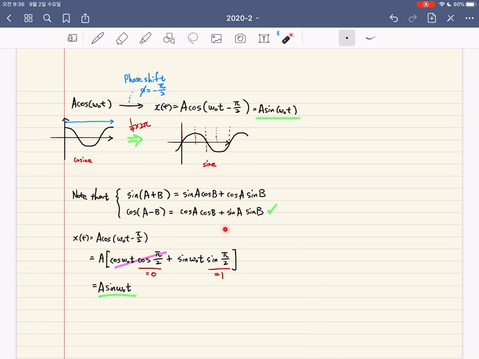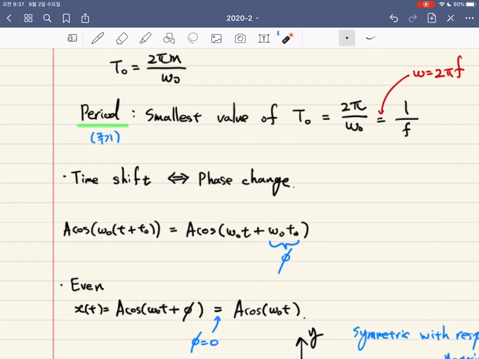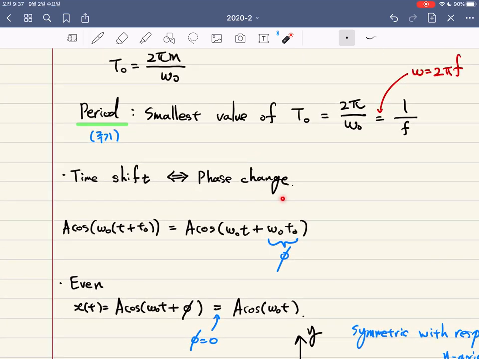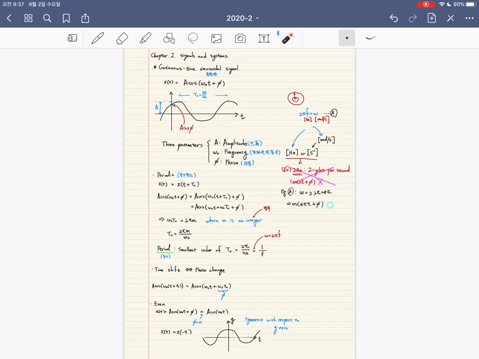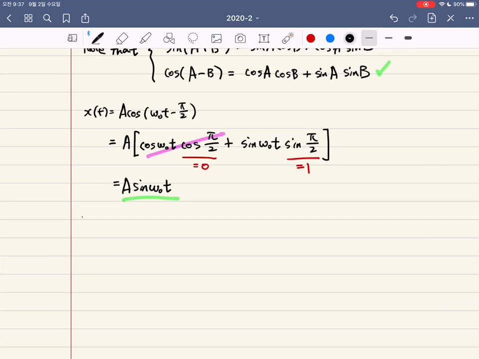So you can prove it via these relationships, and also you can see it as the phase shift to produce the same result. And finally, as we already learned that phase shift also means time shift, we can view this equation as a time shift.